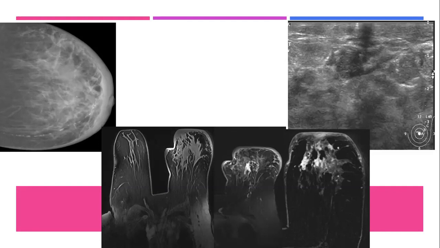Okay, if we call it a mass, then we have to see it in pre-contrast. The mass is usually seen in pre-contrast. When it is three-dimensional and has convex borders and all these features, if it does not fulfill the criteria of a space-occupying lesion, then it will be architectural distortion.